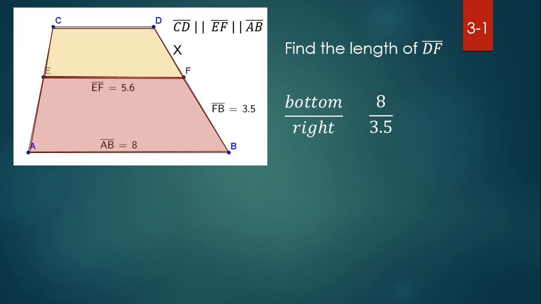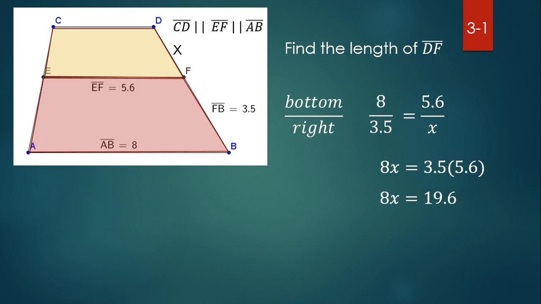That corresponds to those same sides in the smaller trapezoid. The bottom measures 5.6 units, and the right side, that's side DF, is unknown, so we're going to call it x. If we cross multiply to solve the proportion, we'll find out that x, which is the length of segment DF, is 2.45.